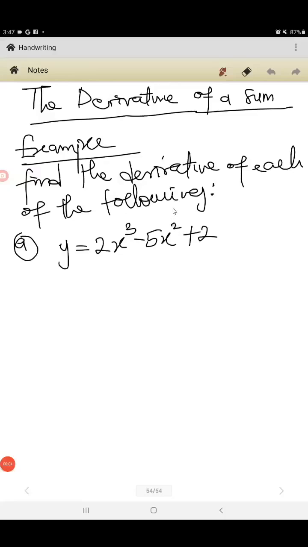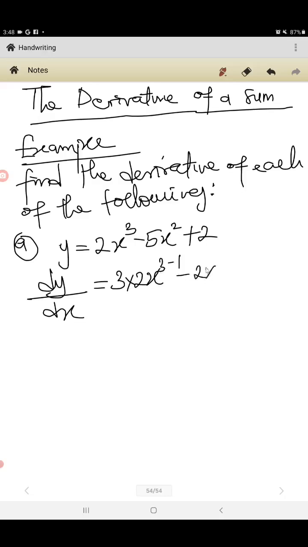We continue to the derivative of a sum. Let's have the example straight. Find the derivative of each of the following. The first one is this. We want to differentiate y with respect to x. With the steps of the general formula we have used, you discover that it will be 3 times 2x raised to power 3 minus 1, minus 2 times 5 times x raised to power 2 minus 1.